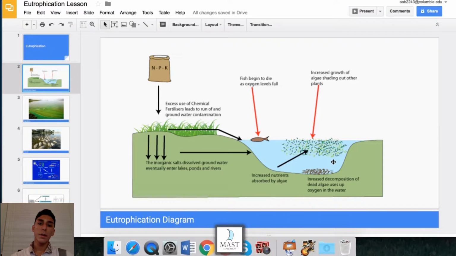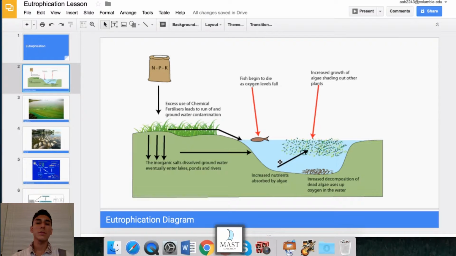So you have a large amount of dead matter in the lake, and now this begins to decompose. And the decomposers that are doing this decomposition use up a lot of oxygen. So if there's enough dead matter and enough decomposers, this can completely deplete the lake of oxygen. And of course, there's a lot of life in the lake that needs oxygen to survive, including fish.